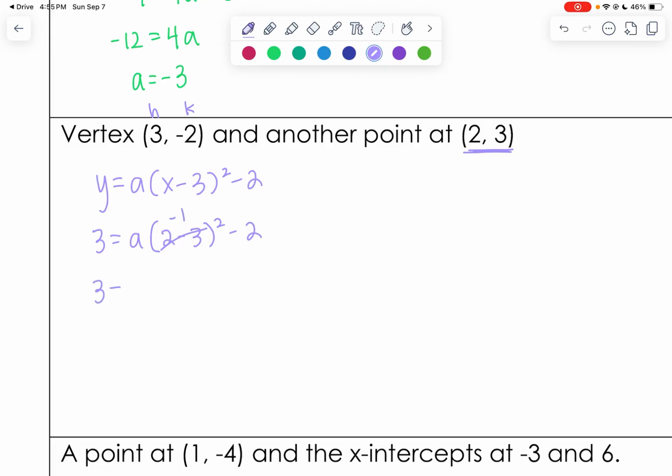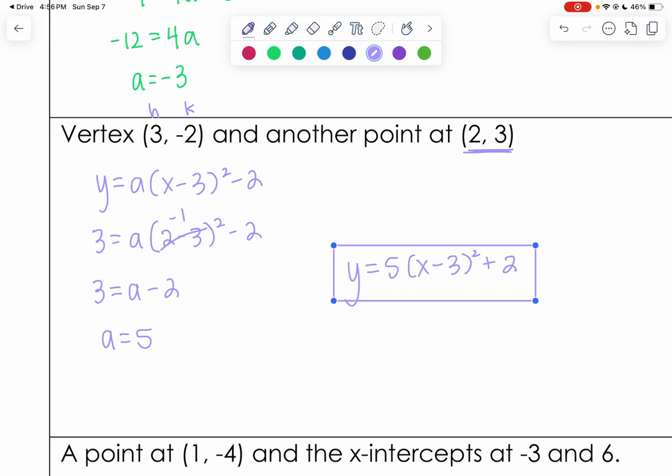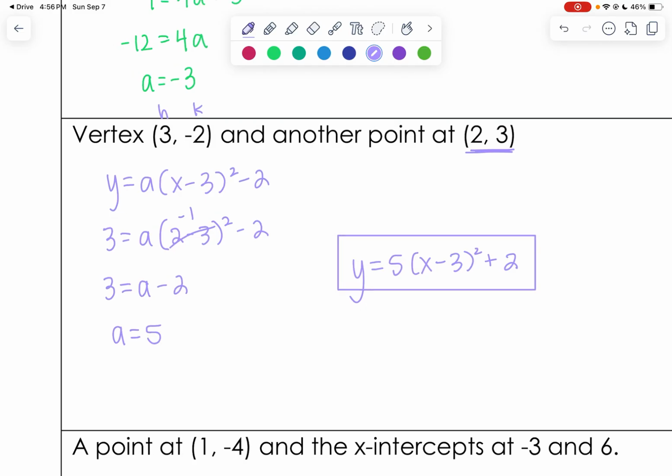So 3 equals a minus 2. Add the 2, a would just be 5. And that's it. So y equals 5 times (x minus 3) squared plus 2. I told y'all that my 5s really look like s's, so my bad there. Y, f of x, either one works here.